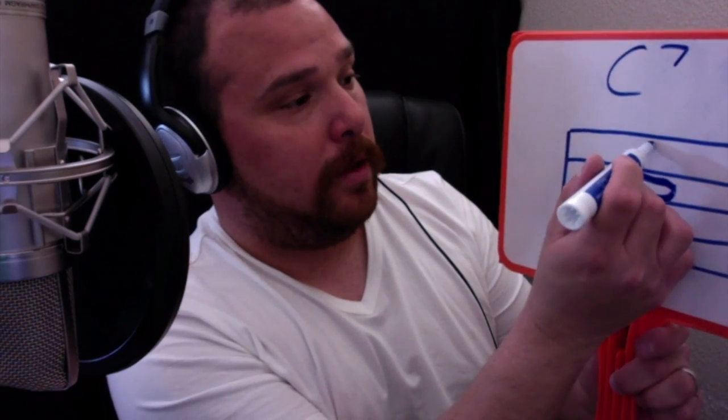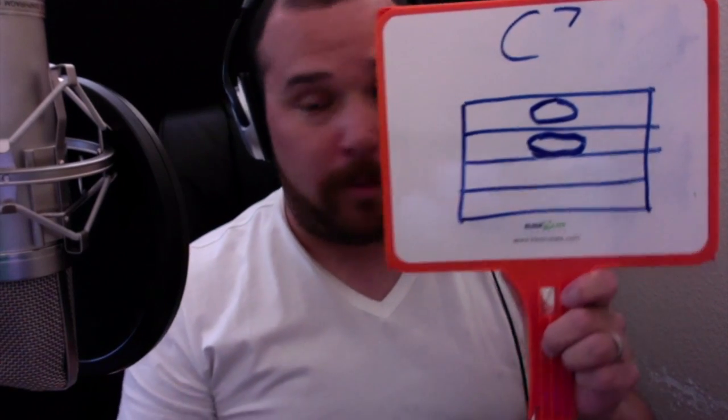Okay, so what's a third from the C? C, D, E. Okay? Let's write our E. Bam, there you go. We're building a chord. Okay, what's a fifth from C?